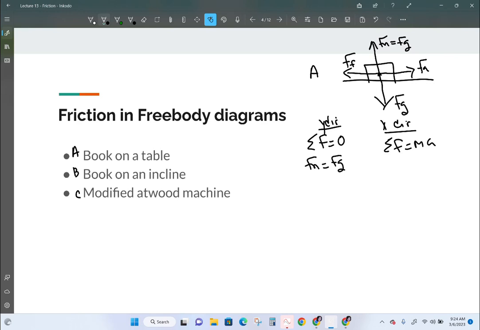Since it's a single mass system, we're just going to use right is positive, left is negative. It would be the applied force plus a negative FF, or minus FF, equals ma. And remember, FF is mu times Fn, and that's why it's important for you to know what Fn is equal to. If you don't know what that is, then you're in trouble.